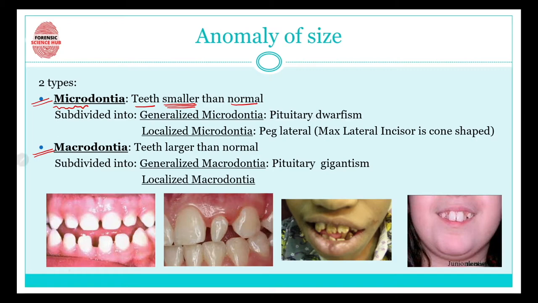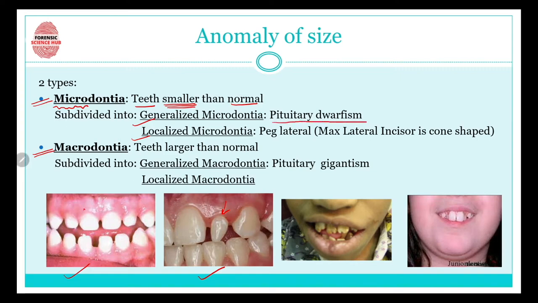As you can see here in these pictures, a few of the teeth like this one, and in this all the teeth are smaller in size. Microdontia can be of further 2 types, that is generalized and localized microdontia. Generalized microdontia means all the teeth are smaller in size. The reason for that can be pituitary dwarfism.